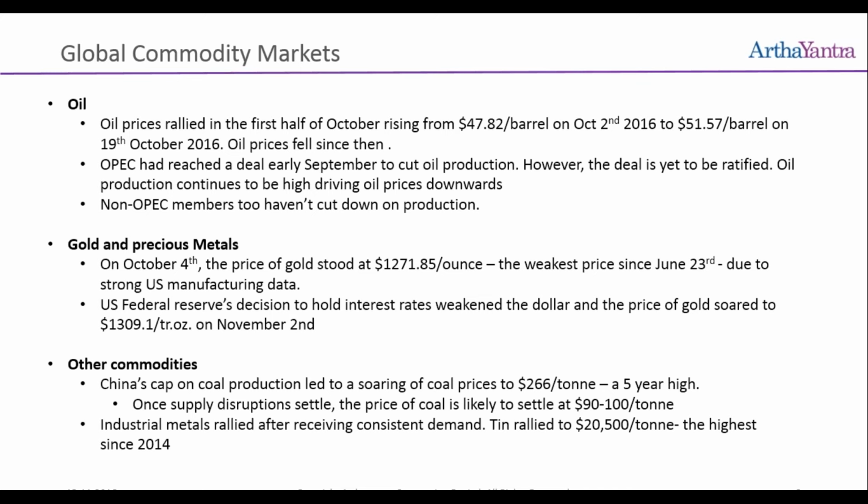Now, with demand picking up and the availability of coal going down, coal prices have seen a rally, and they are at about a 5-year high. But there are other contributions to this rally, which is basically a supply side disruption. Once these disruptions do settle down, we expect the coal prices to come back down to about $90 to $100 and stay in that range for a while.